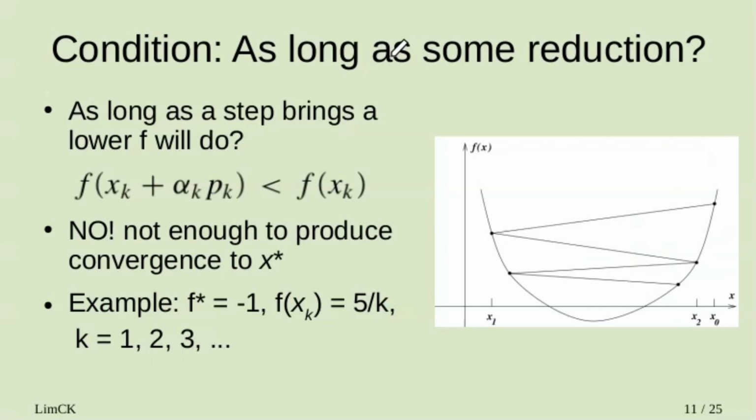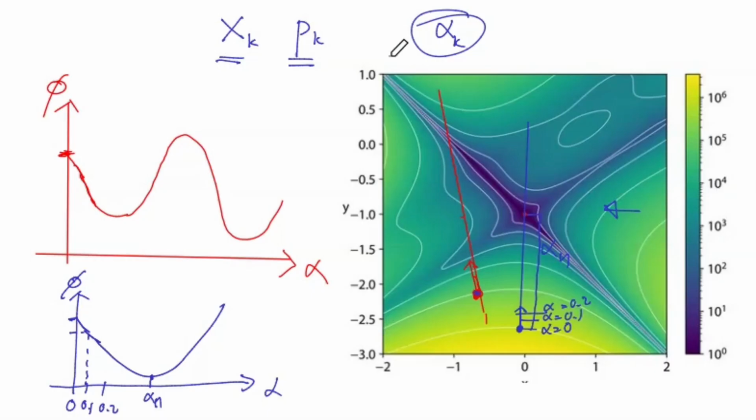Now the question here is, after we know the xk and pk, the next thing is to choose the alpha. Does it mean that we can choose any alpha? We can choose any value of step length alpha as long as it brings us to a low point.